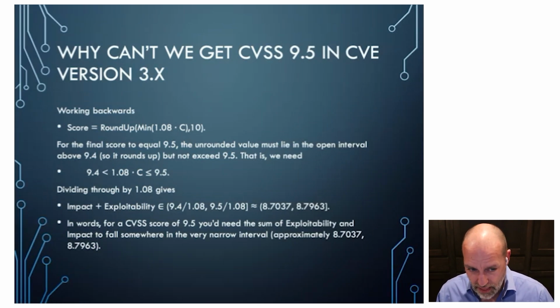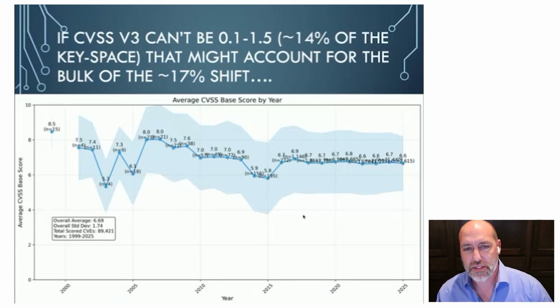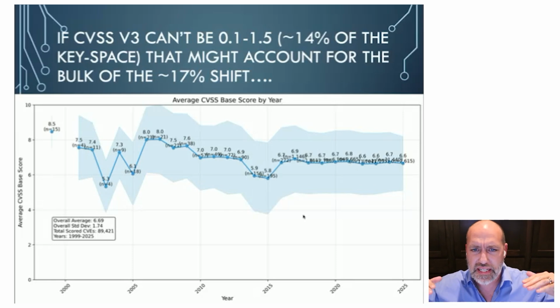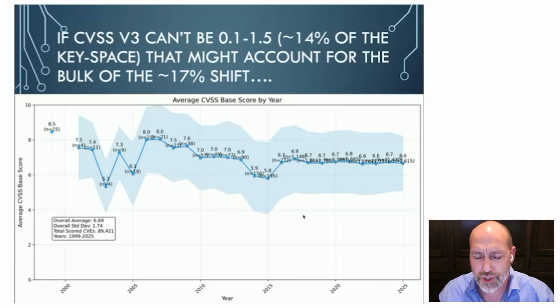And so that caused me to do a bunch of other analysis. So this is the CVSS scores, the entire population of CVSS scores. And if you notice, there's a 17% shift up from 5. So this kind of shows what I was showing on that other slide. Everything was sort of shifted over a little bit.